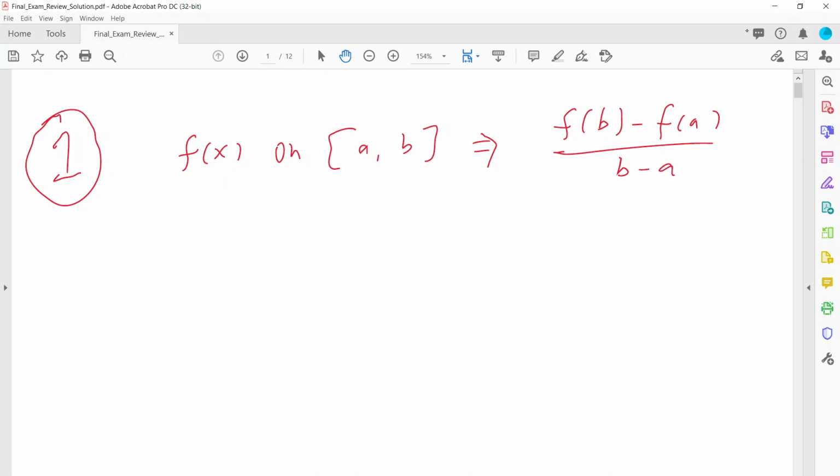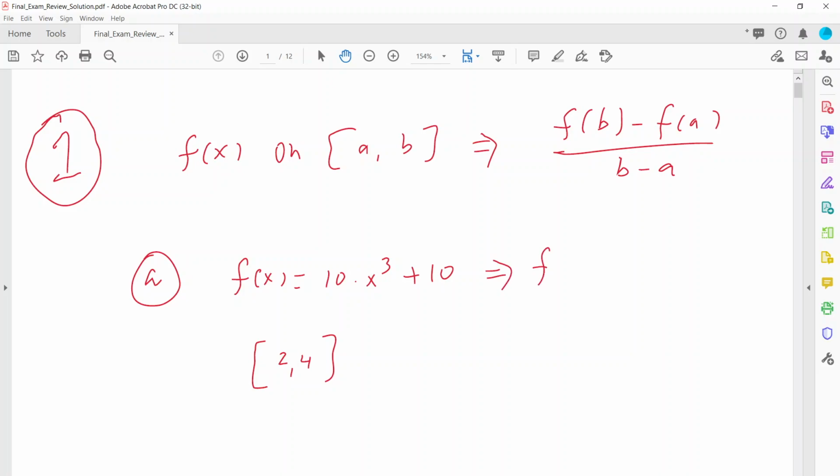In our problem, for part A or part B, the function is the same. The function is 10 times x cubed plus 10, and for part A the interval is from 2 to 4. So you need to find the value of this function at 2 and at 4.